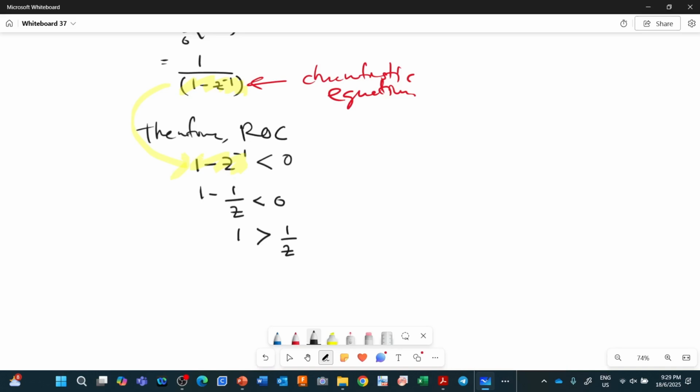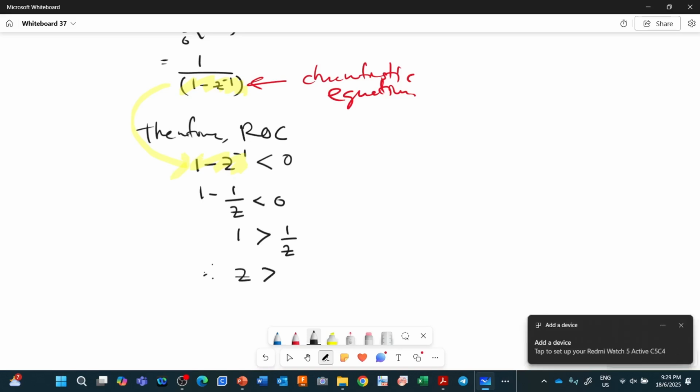Therefore, you can write it as z more than 1. From the table for a right-sided sequence, the ROC was z more than the value a. So now we just proved that z is more than 1.